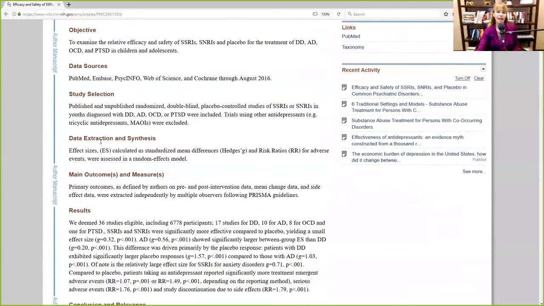they looked and they had a study selection. They wanted to make sure that it was randomized, double-blind, and placebo-controlled. So we've already kind of talked about that, in order to make sure that the participants were all starting on the same footing.